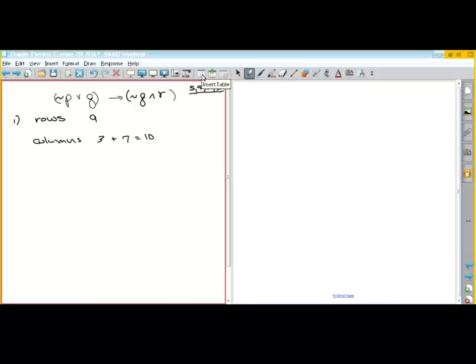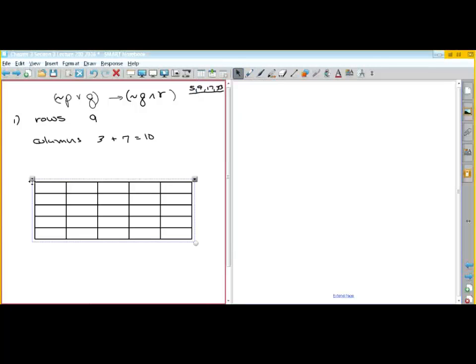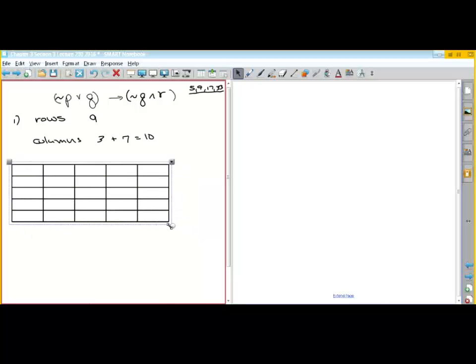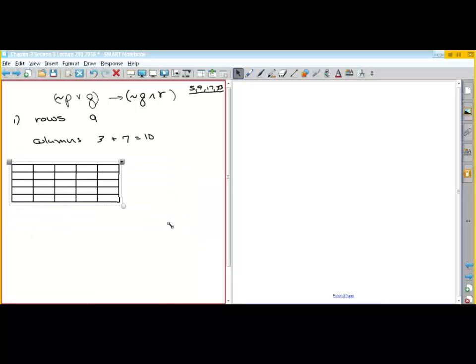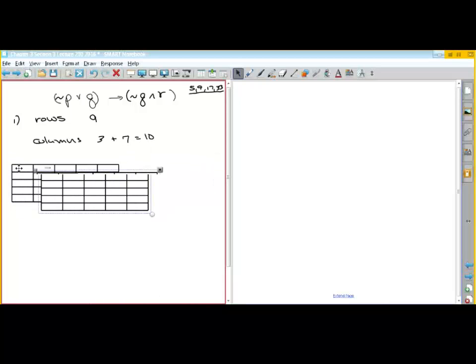So let's go ahead and make up a table. It's 9 rows by 10 columns. Okay, so I'm going to need 9, so I need 5. I've got to make it up with 4 little ones. So I'm going to make it that. So clone that.